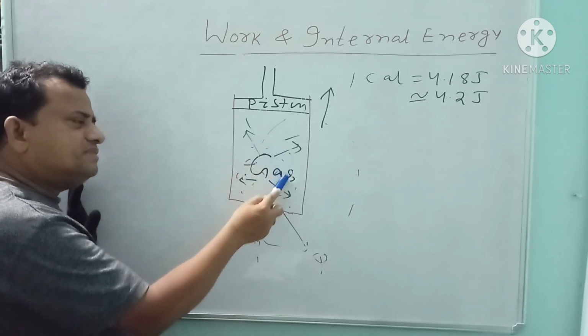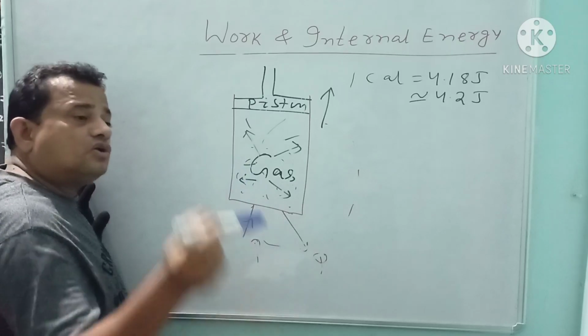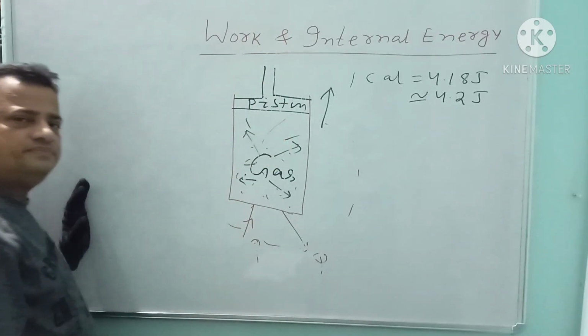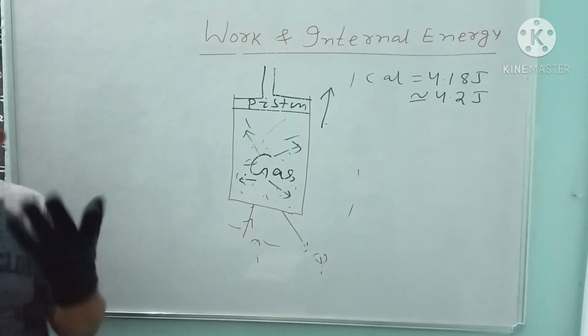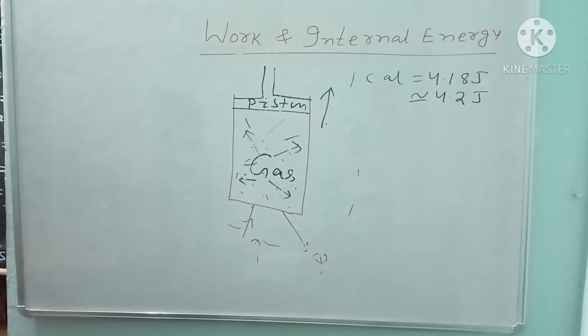Work done by the gas means the piston moves upward. Work done on the gas means the piston moves downward. So you know the sign convention for work done: W is positive when gas is expanded. W is negative when gas is compressed.